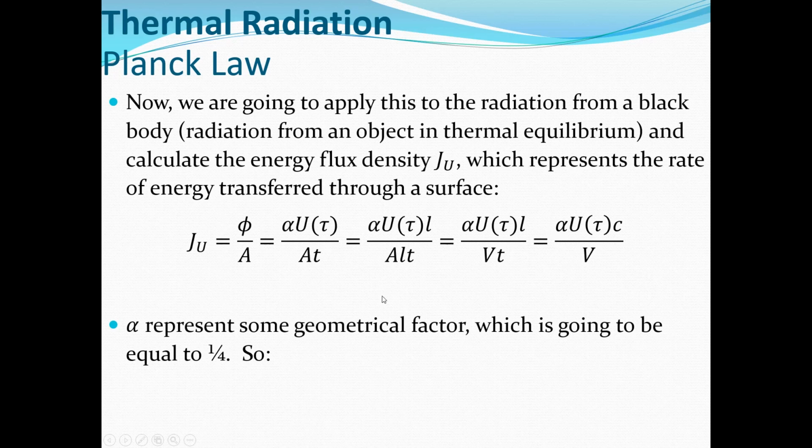This alpha term is just some sort of constant. It's what they call a geometrical factor. It's mostly going to be equal to 1/4. So the energy flux density when we plug that in is going to be approximately equal to this stuff.